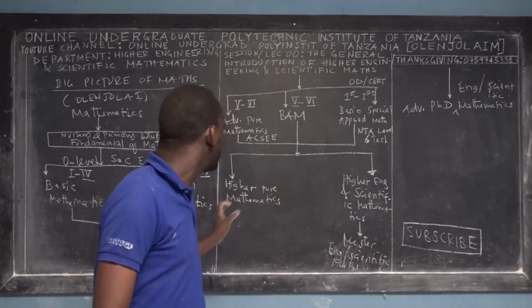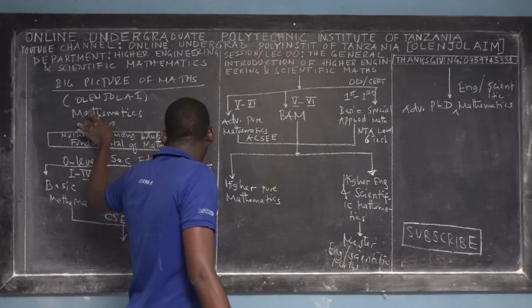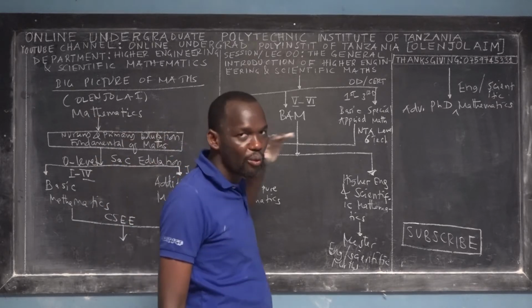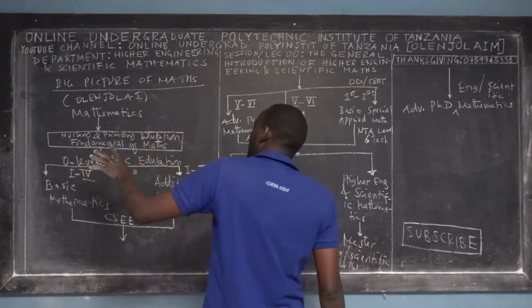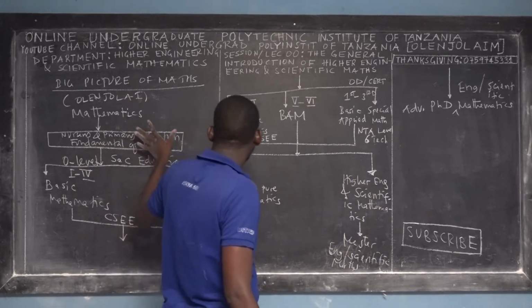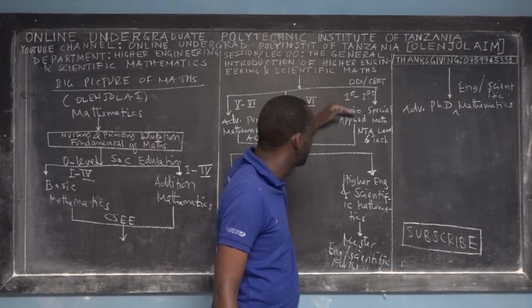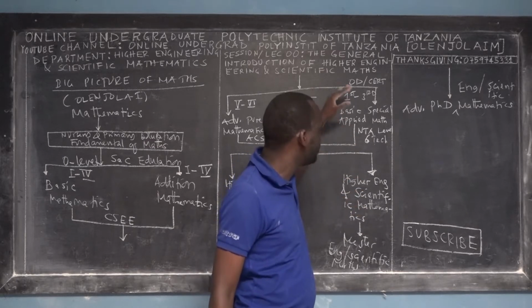So this is the big picture, from the foundations, numbering 1, 2, 3 up to 10, and onward. It is a journey.